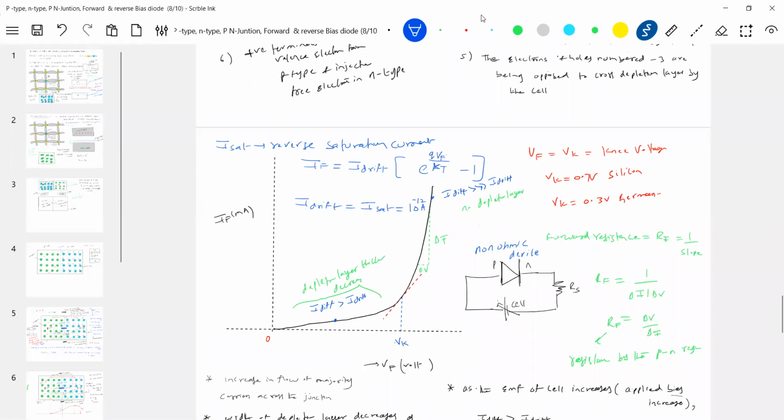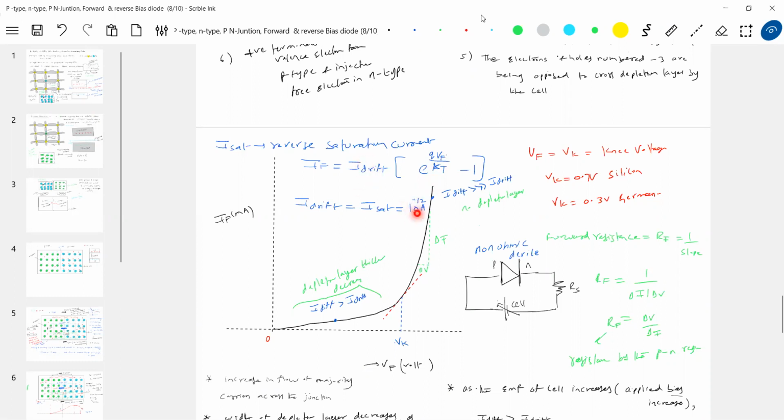There is one thing you have to remember. In SU1 there are numericals based on this, so any possible questions can be asked here. We even have the temperature of the diode; later on I'll explain what happens to the curve at increased temperature. Q is the charge, k is the Boltzmann constant, this is the forward applied voltage, and T is the temperature of the diode. This is a fixed value, the reverse saturation current.